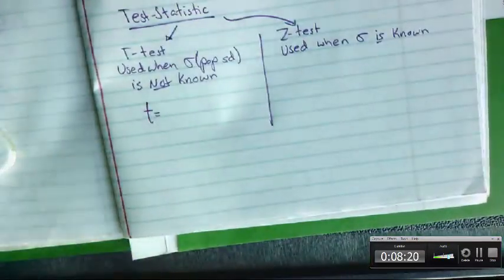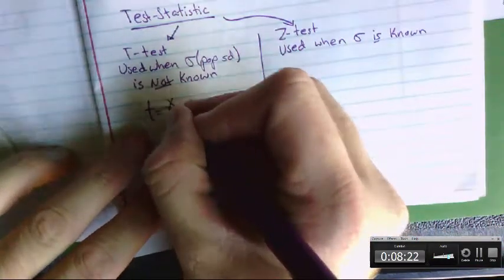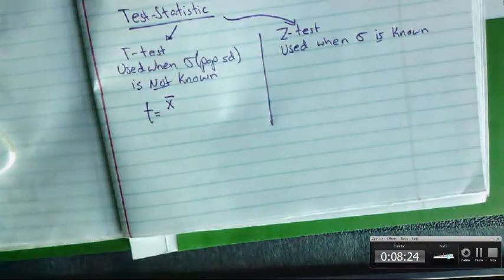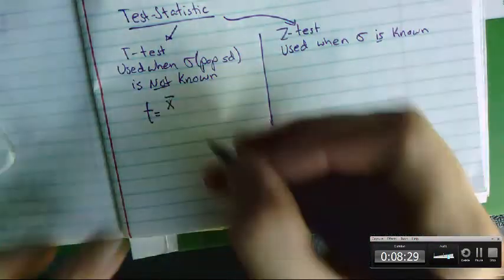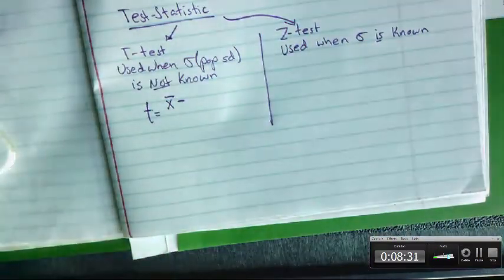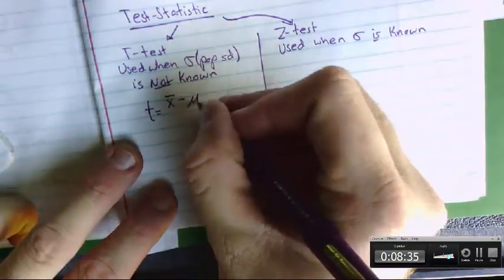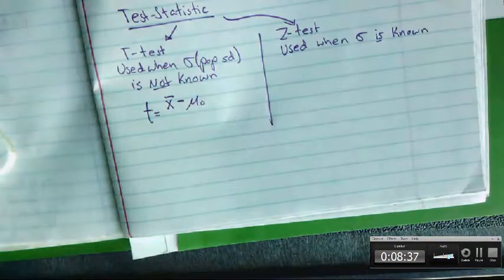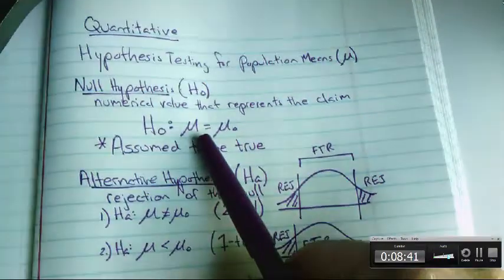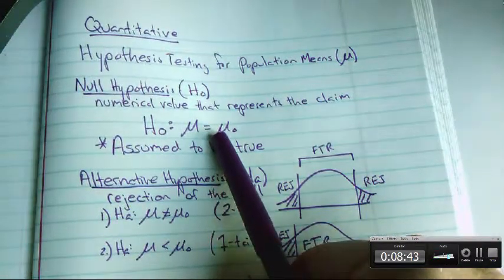It's always our data, which is the sample mean, right? Minus, and typically it would be minus mu, right? But now it's going to be minus mu null. Because up here at the beginning, we said we're going to let mu be mu null, right?